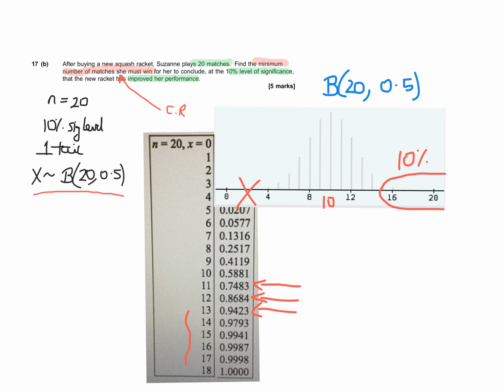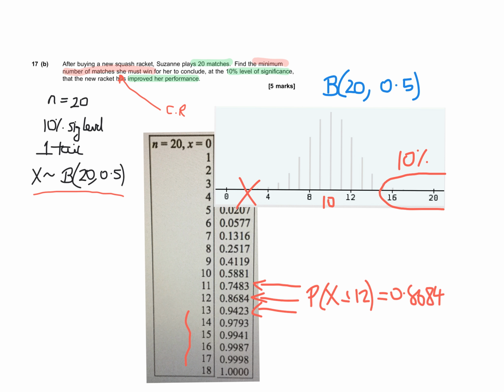We're getting 75, 87, 94% approximately. Because we're looking for a 10% tail, it means we need 90% everywhere else. So for example, the probability that x is less than or equal to 12 is 0.8684.